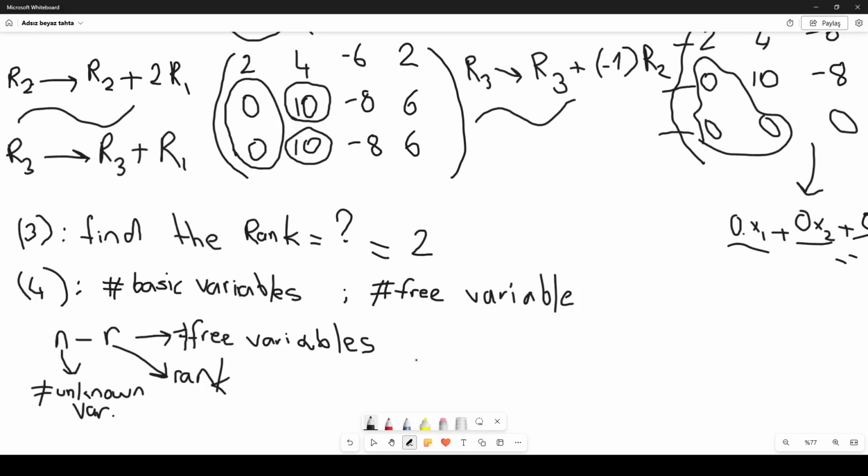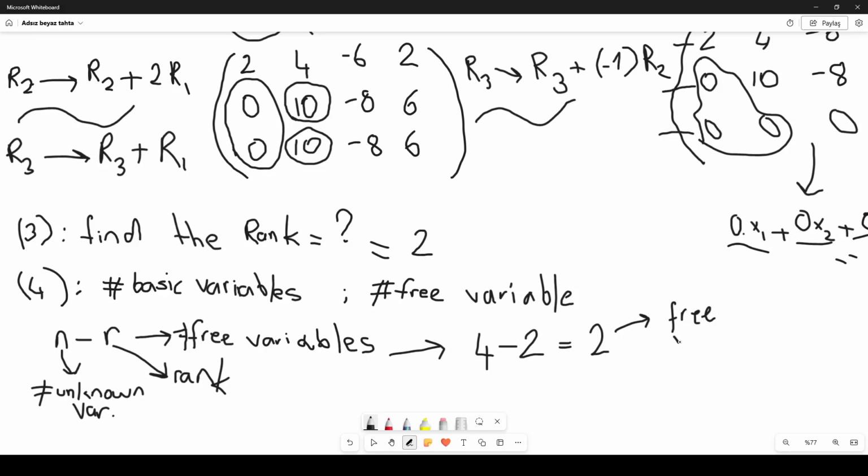Alright then, in our example, what is the number of free variables? We have 4 unknown variables, right? And the value of rank is equal to 2. Then we have 2 free variables.